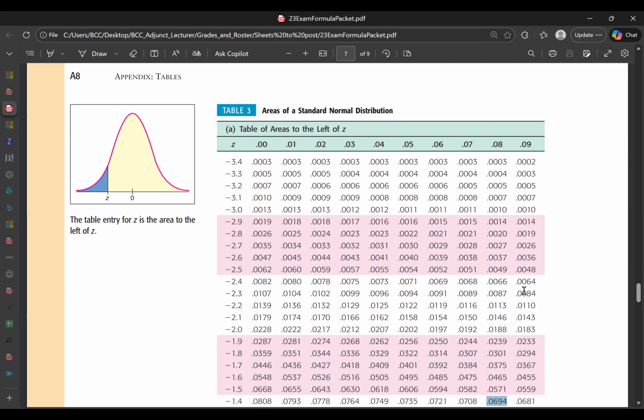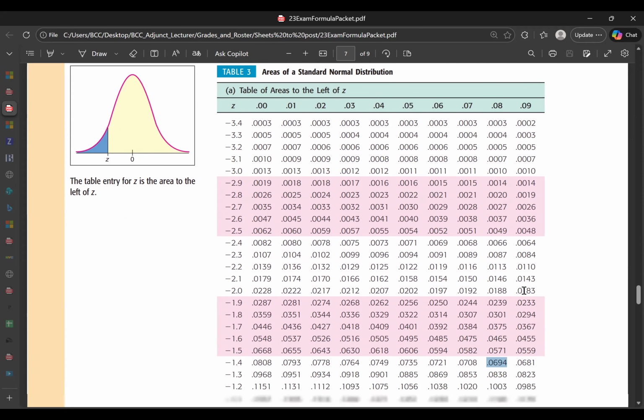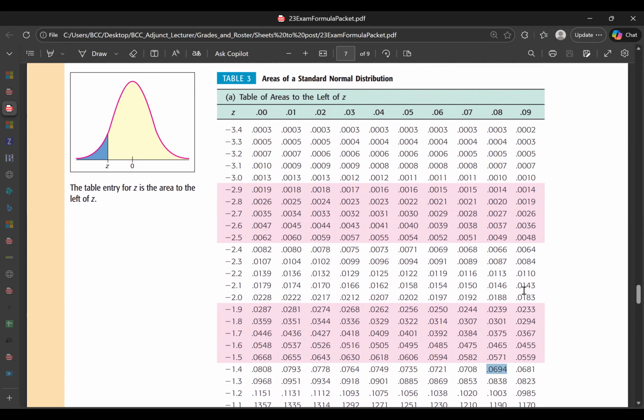What's on top? All the way to the top, what is it? Negative one. You're right. That's part of it. But what's the hundredth place?